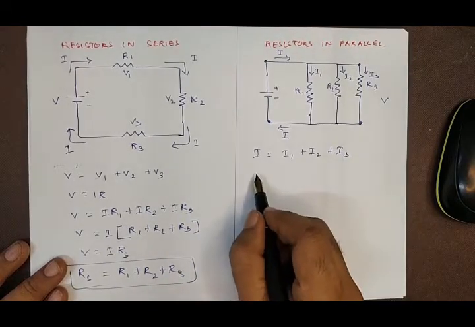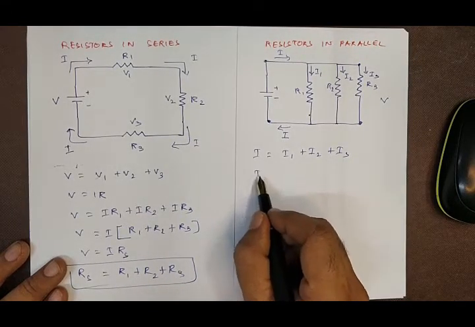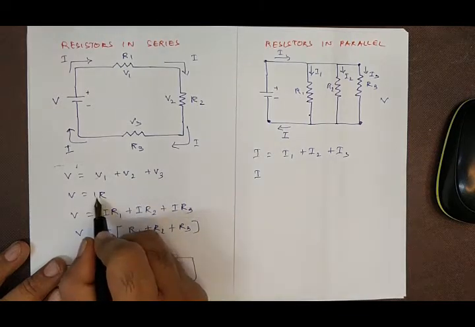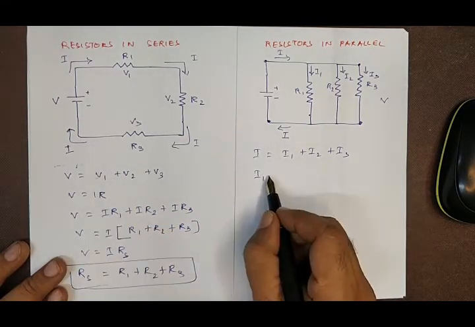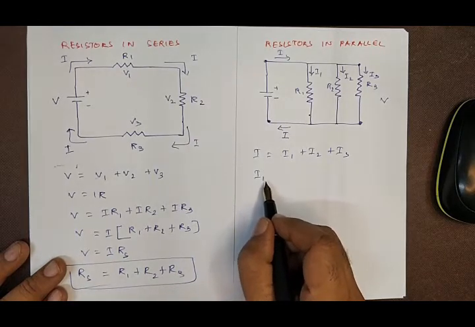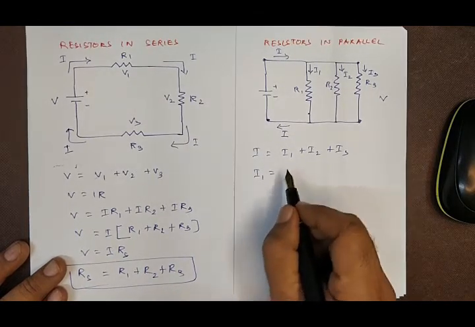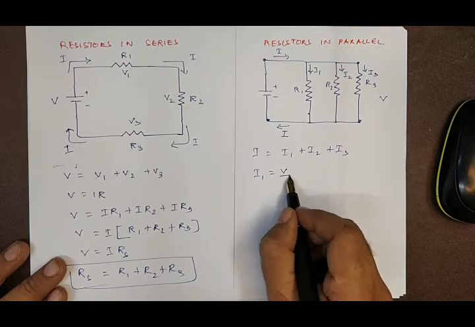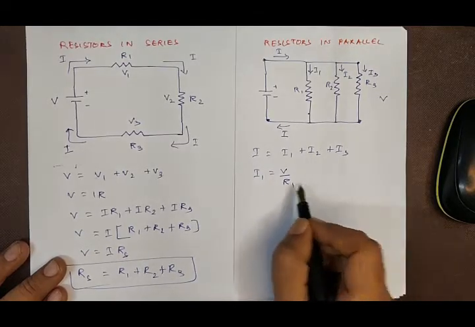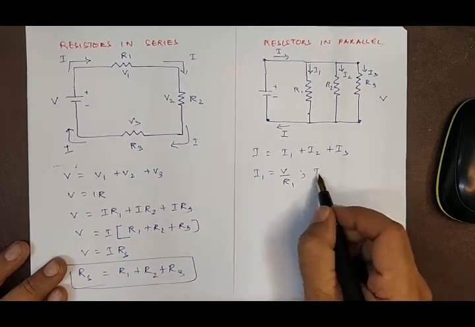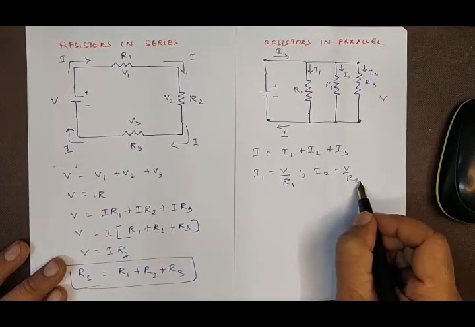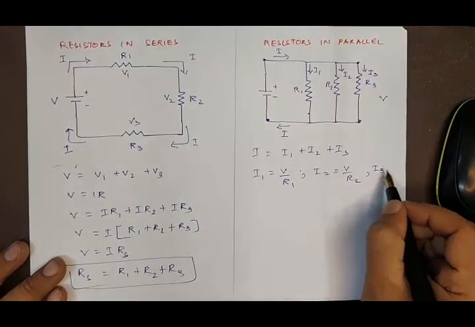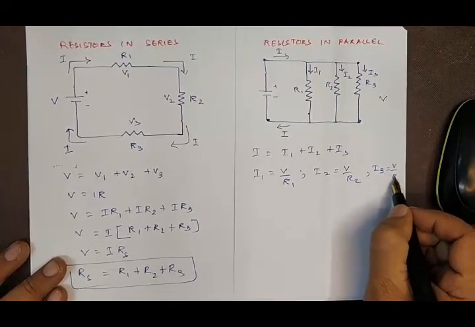And what is I in terms of Ohm's law? V by R, is it not? So I1 is equal to what? V divided by R1. So we can replace I2 by V by R2, I3 by V by R3.